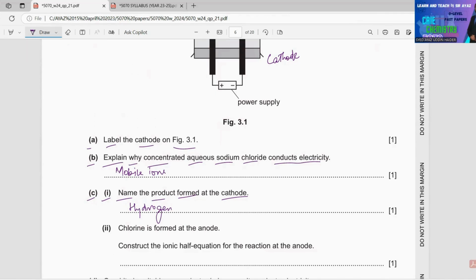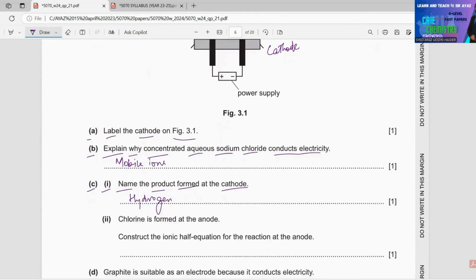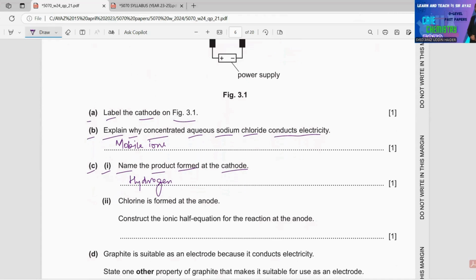You can write any of these reasons for the product obtained at the cathode. Number 2, chlorine is formed at the anode. When you have concentrated aqueous sodium chloride, you will get chlorine at the anode.